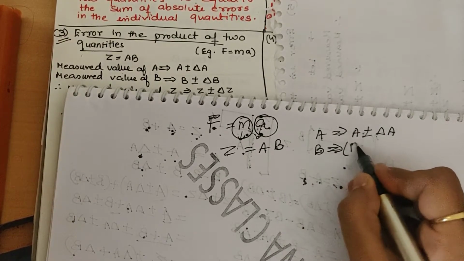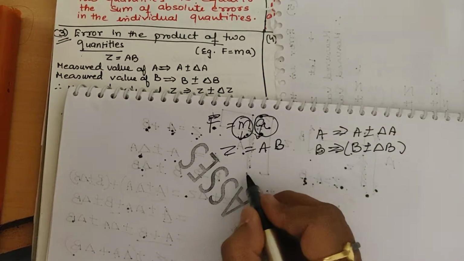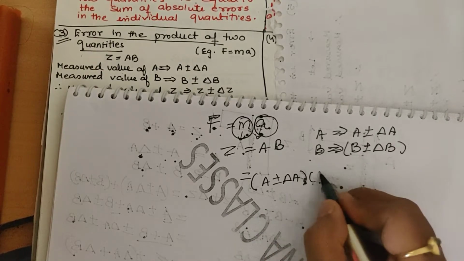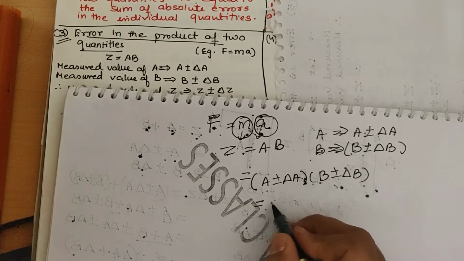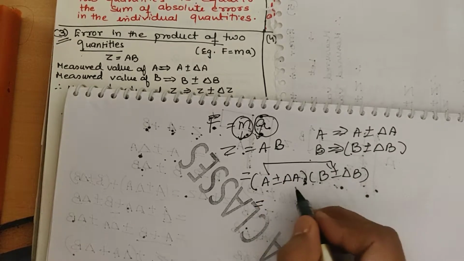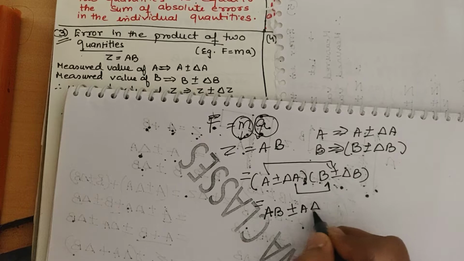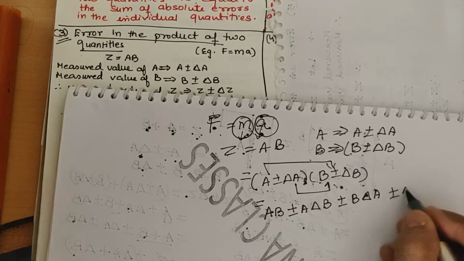The measured value of B is B plus or minus delta B. So A can be replaced as A plus or minus delta A and B as B plus or minus delta B. If I multiply this, first A is multiplied with this bracket, again B is multiplied with this bracket.